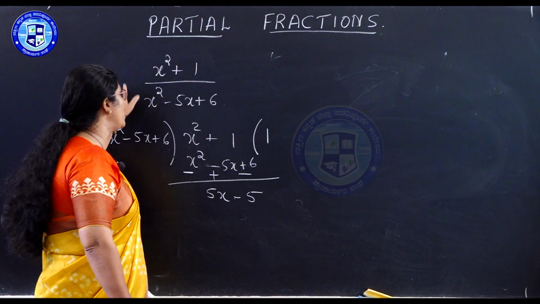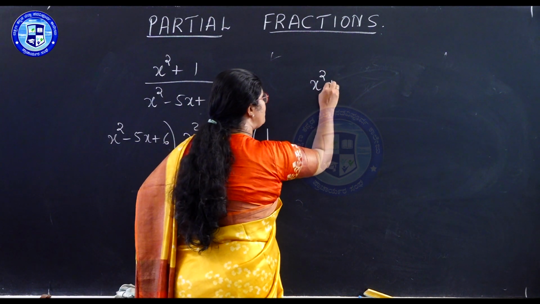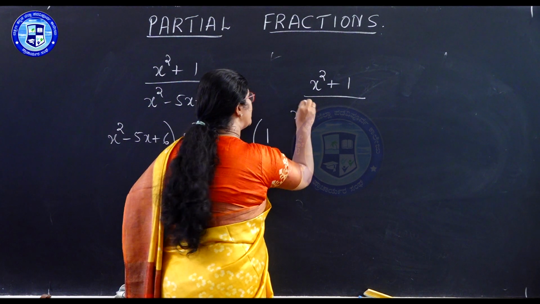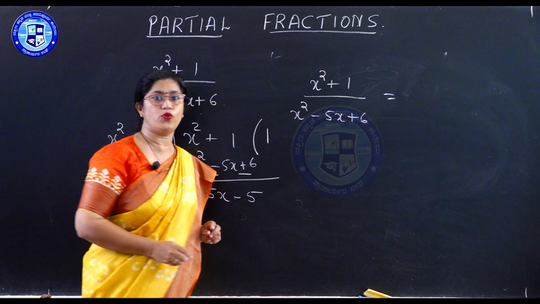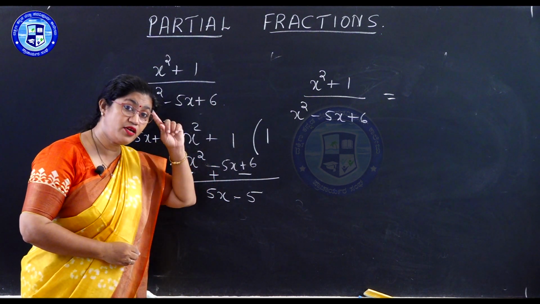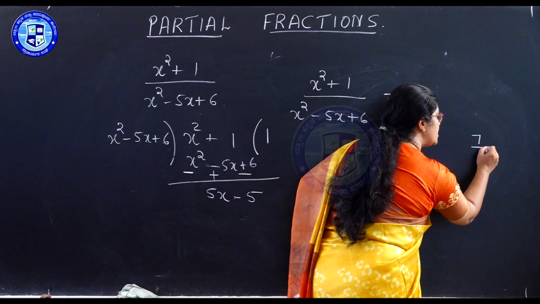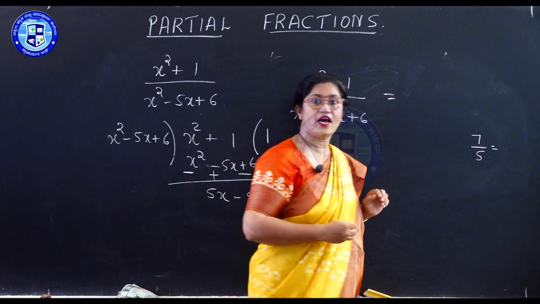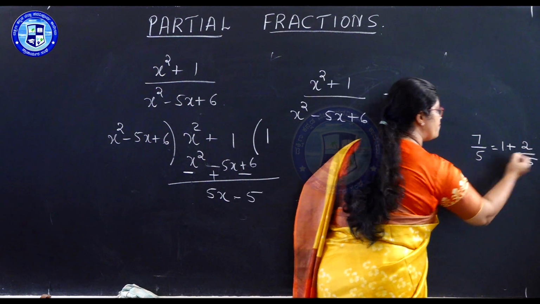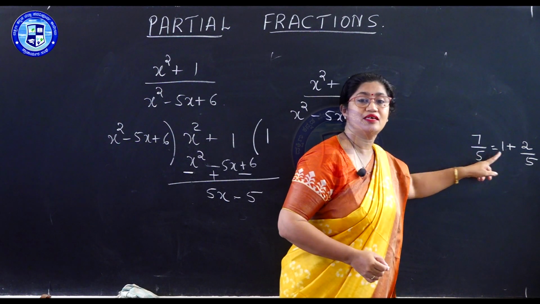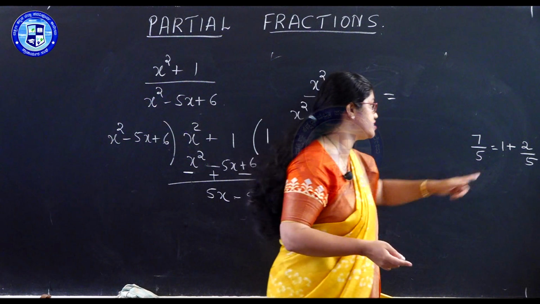Now how do I write this fraction? X square plus 1 divided by x square minus 5x plus 6 is equal to, think of my example in your mind, 7 by 5, I wrote it as 1 plus 2 by 5. What was 1? 7 when I divide by 5 goes once, the quotient or the answer that you get.